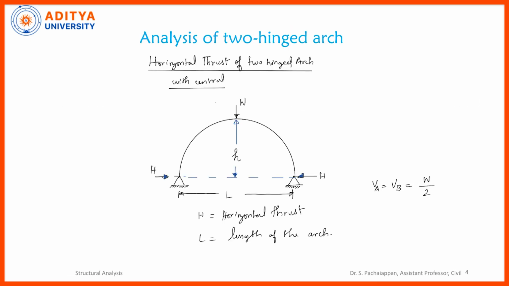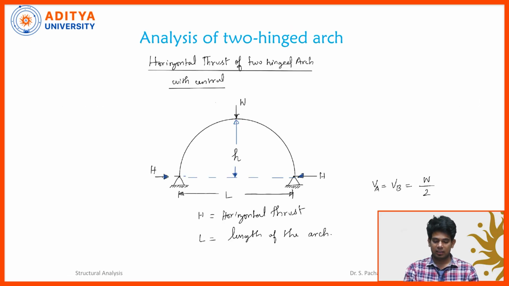Whatever diagram we are seeing here is a two-hinged arch. There is a hinge located at point A, and then point B. Let's mark this support A and this support B. At these two locations, hinge supports are there, and we can see the point load W at the center acting in the downward direction.